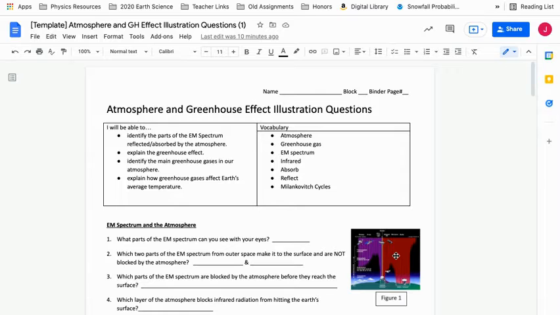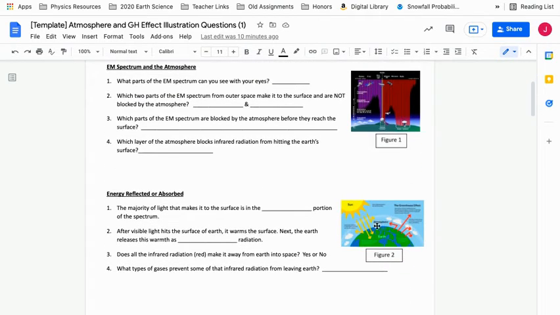You're going to use the picture to answer the questions right here. And then you scroll down, you look at the next picture, use that picture to answer the questions. And this should be a really good review of what you did last time in the Greenhouse Effect Interactive, and just making sure you have a good overall understanding of what the greenhouse effect is, what kinds of things alter it, and why it's really important.